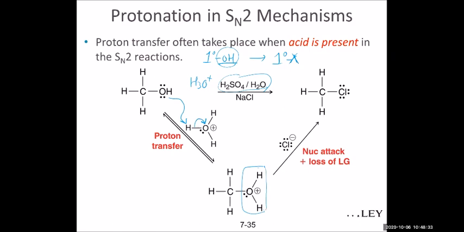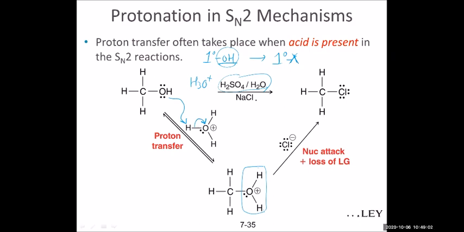But this step is very important. It did not form a carbocation, unlike the previous two examples. It did not go through a carbocation just because the energy is too high to become a carbocation. Instead, the reaction goes through the nucleophile. In this system, we have water, acid, sulfate, and chloride.